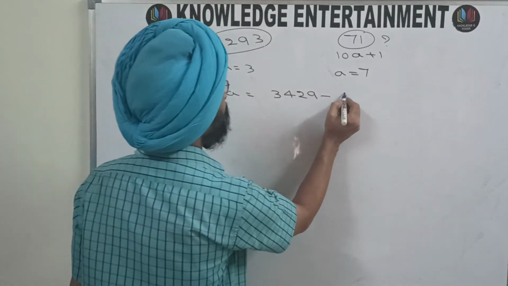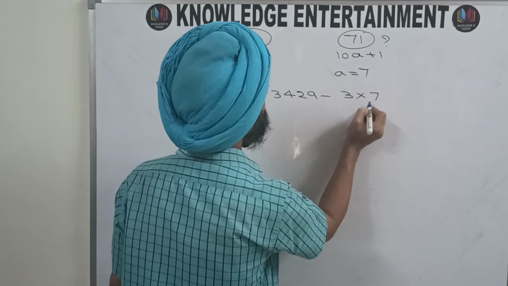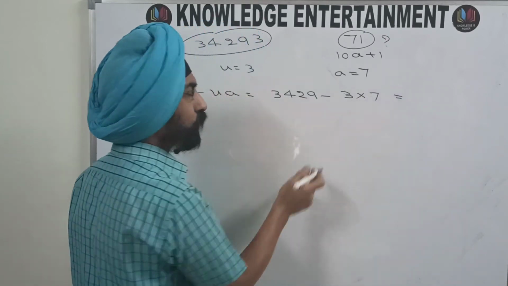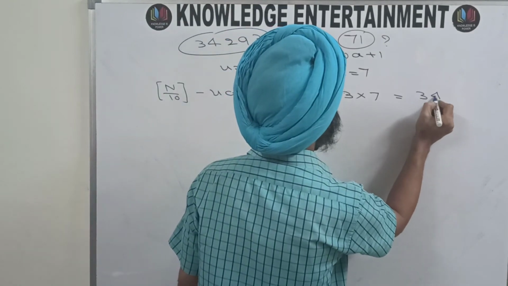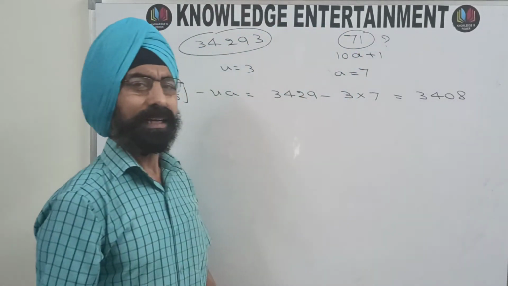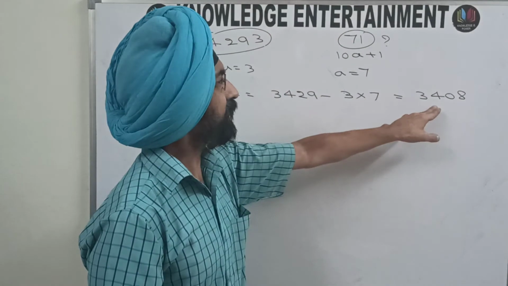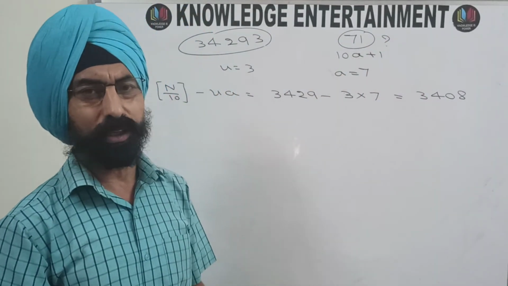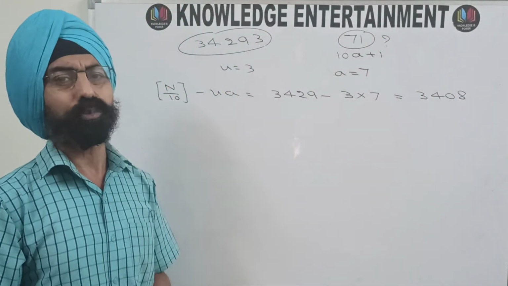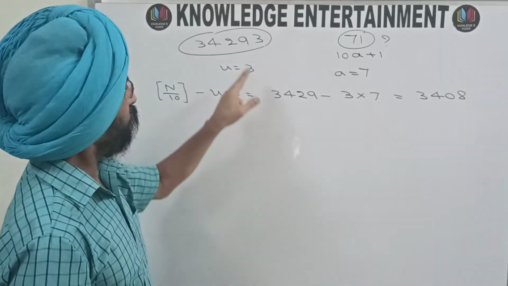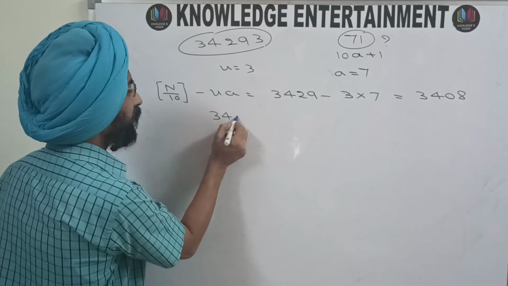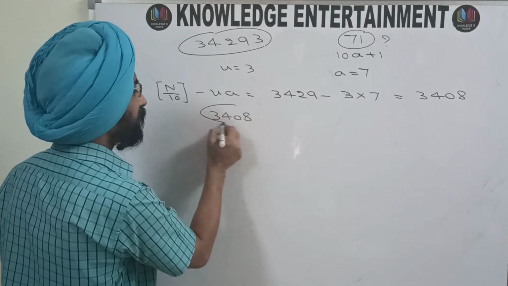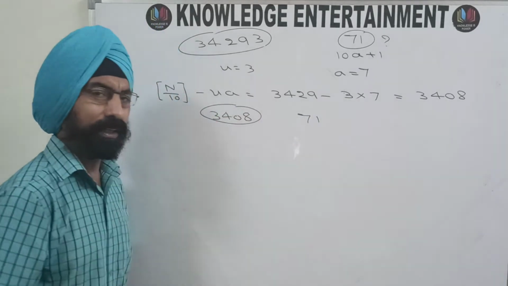U is 3 into a is 7, so it is 21, and when you subtract you will get 3408. Still, it is not easy to check whether this number is divisible by 71 or not. So we will repeat the process once again. Now this number is replaced by this number.